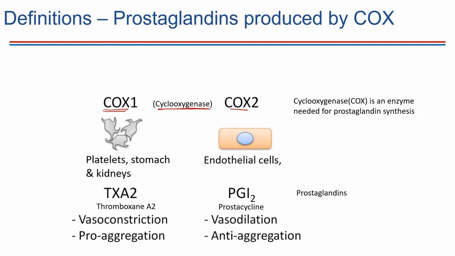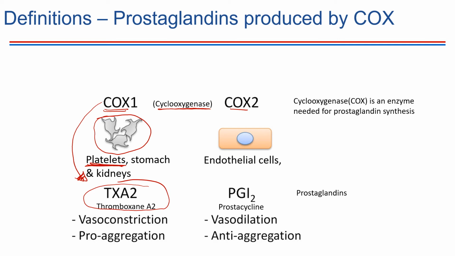So platelets are going to be responsible for making thromboxane A2. Thromboxane is also made in the stomach and in the kidneys, and it needs this COX-1 enzyme to make thromboxane. So we're going to be looking at these platelet cells that are making this thromboxane A2.